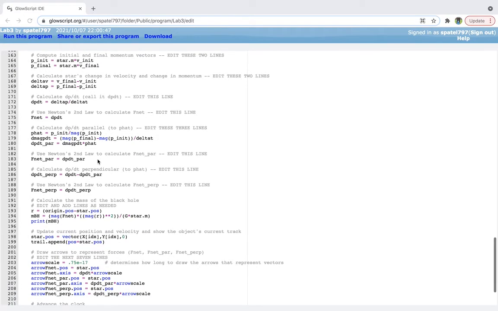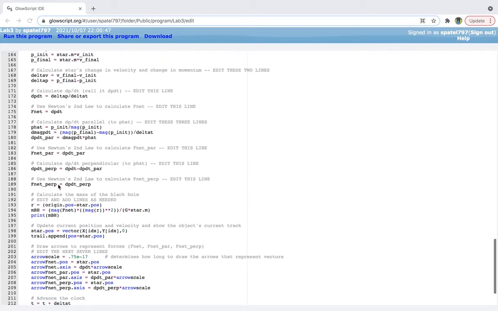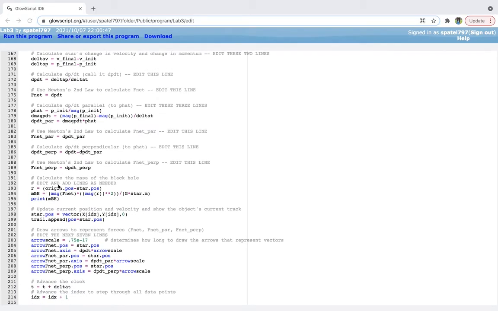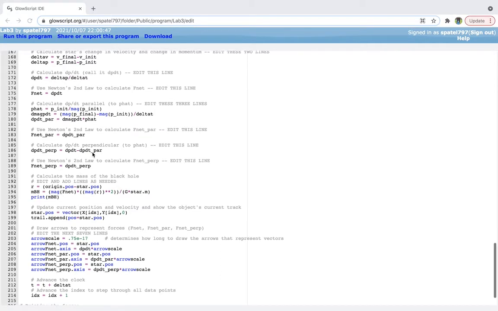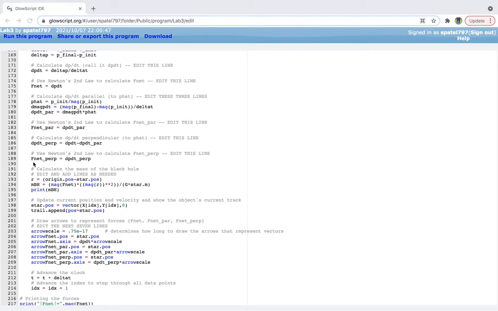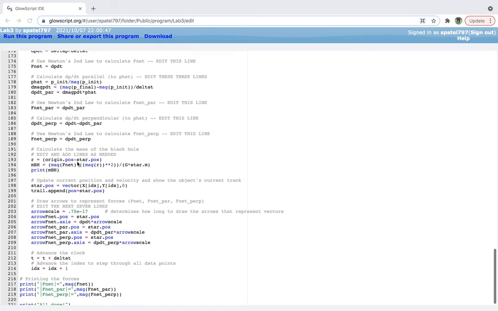Then dp/dt in the parallel direction is equal to this d magnitude p dt times p hat, and F net parallel is equal to this dp/dt parallel. Next we calculate the perpendicular force, where dp/dt perpendicular is equal to dp/dt, the total net force, minus dp/dt in the parallel direction. Again, the force in the perpendicular direction is equal to dp/dt perpendicular.